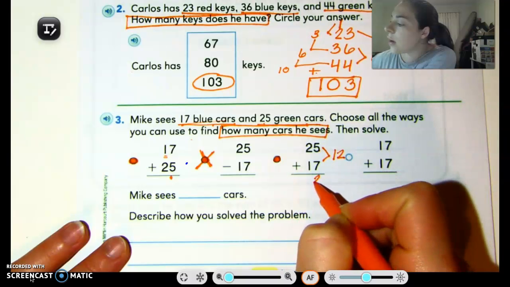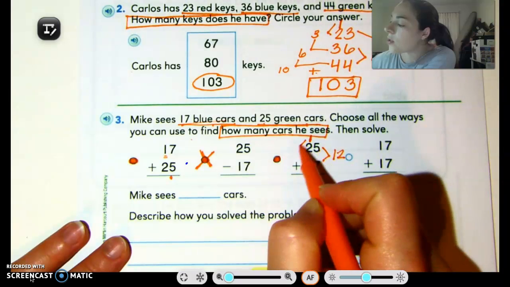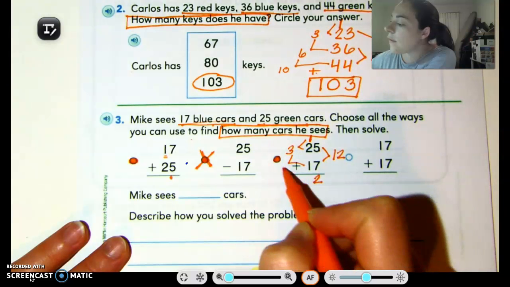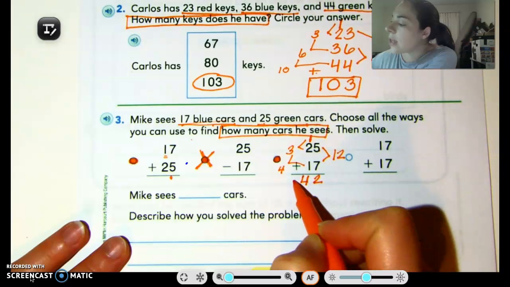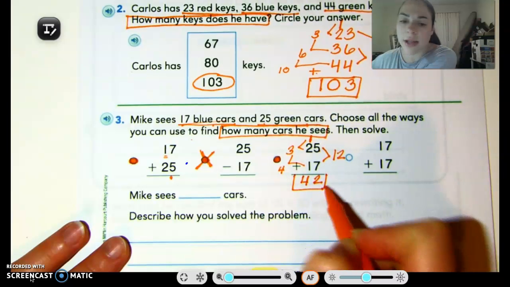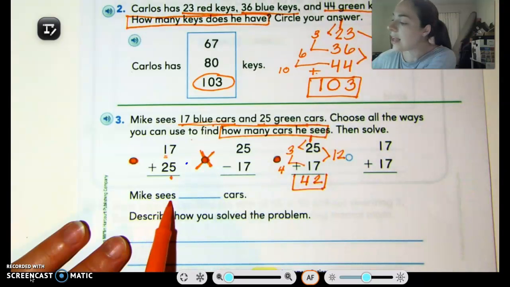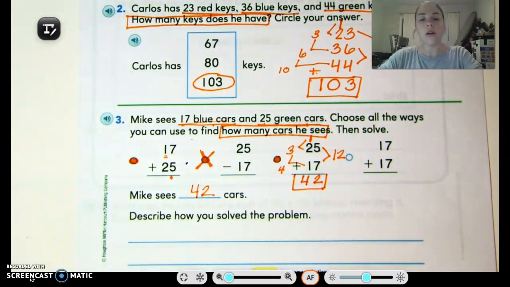My 2 will go down in my ones place, carry my 10. 1 plus 2 is 3. 3 plus 1 is 4. Write my 4 in my tens place, and what's our sum? 42. So Mike sees 42 cars.